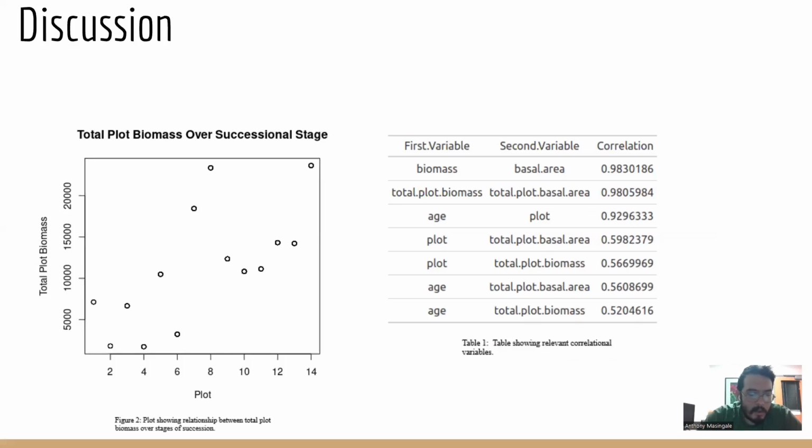Analysis of the total plot biomass within a given plot across each plot shows a weak positive correlation. Our assumptions rely on the total amount of biomass inside of a plot being representative of the total amount of carbon available in the soil, which is associated with fungal associations of soil carbon production.